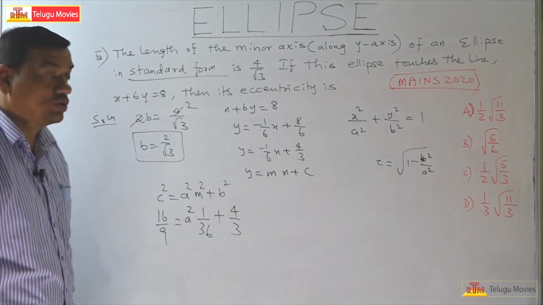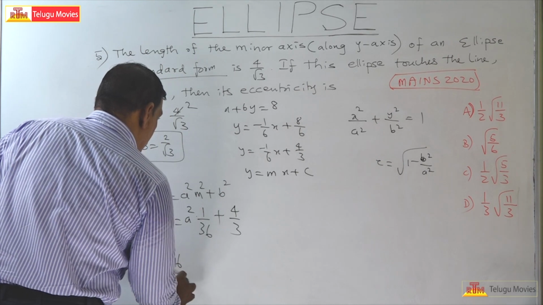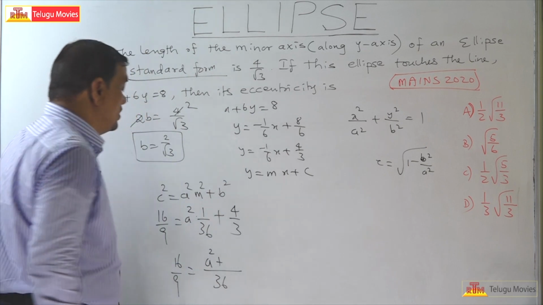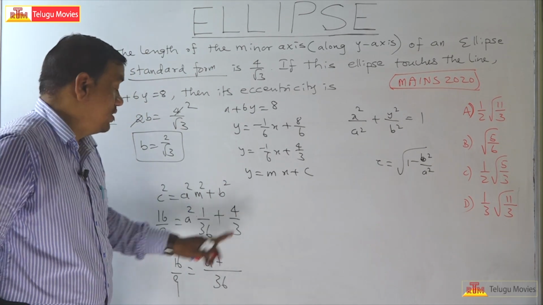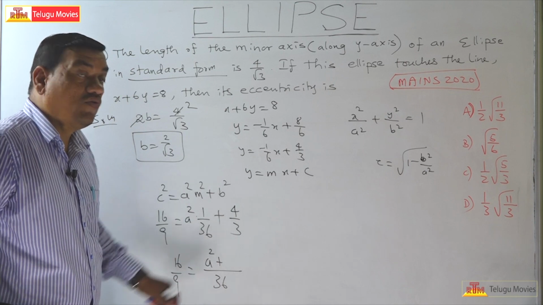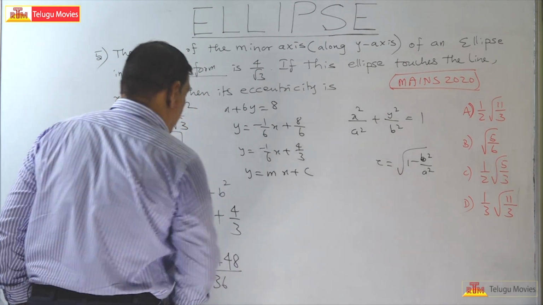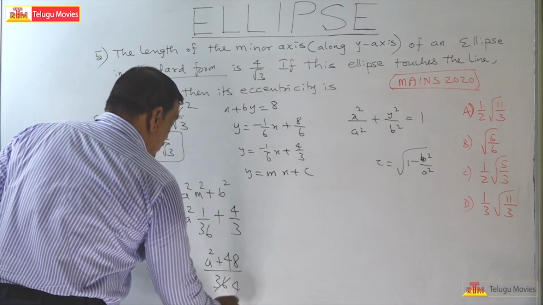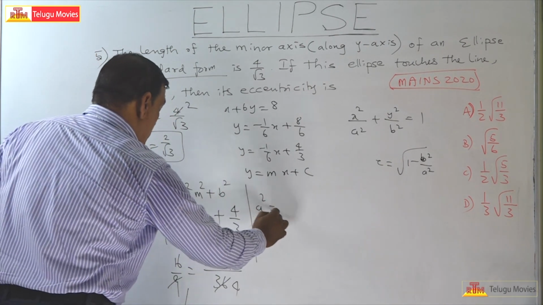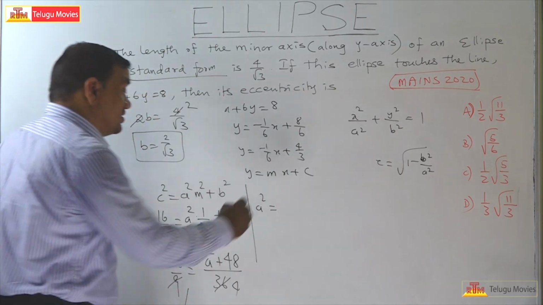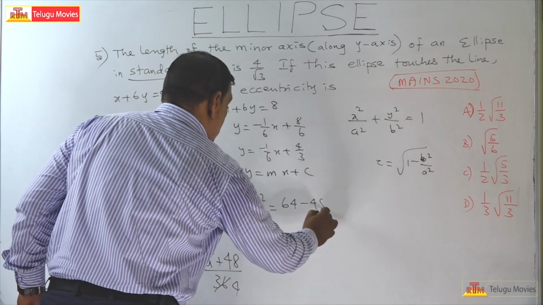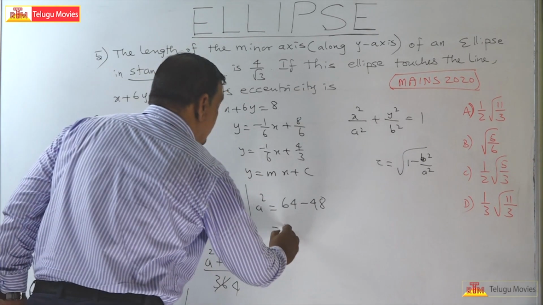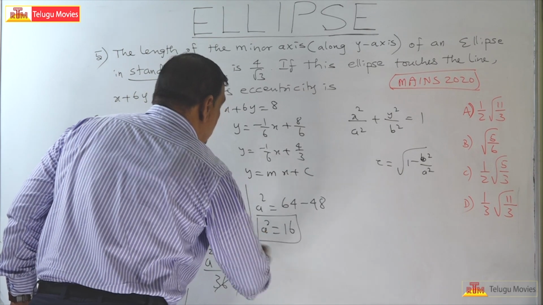So 16 by 9 is equal to a square by 36 plus 4 by 3. LCM I have taken 48. So this implies 9 ones are 9, 4 fours are 16. So from this a square is equal to 64 minus 48, which is 16. So the a square value is 16.